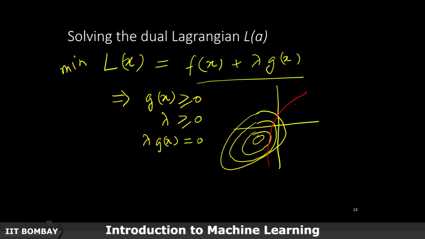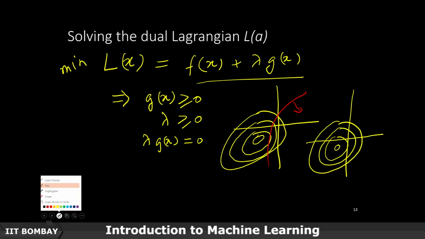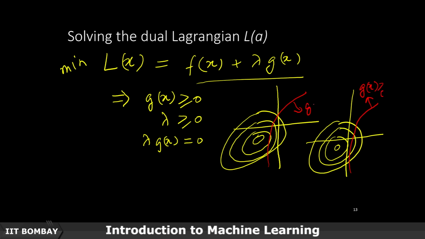One possibility is that g(x) greater than 0 lies in this direction, and the other possibility is that I draw the same contours and the same boundary for g(x) equal to 0, but g(x) greater than 0 lies on the other side.